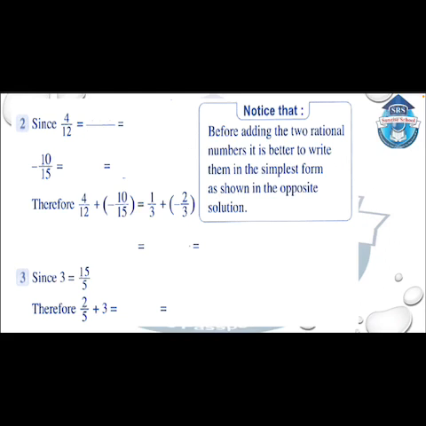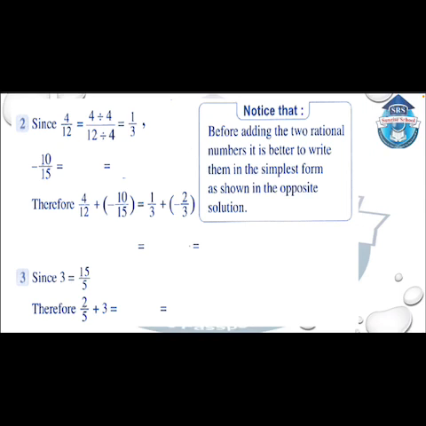Part number 2, which was 4 over 12 plus negative 10 over 15. Okay, 4 over 12, I will simplify before adding. 4 divided by 4, it will be 1 over 3.